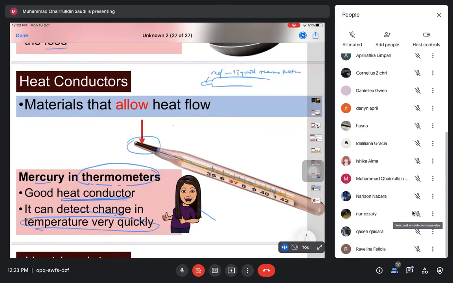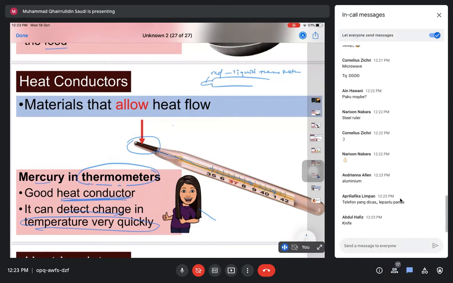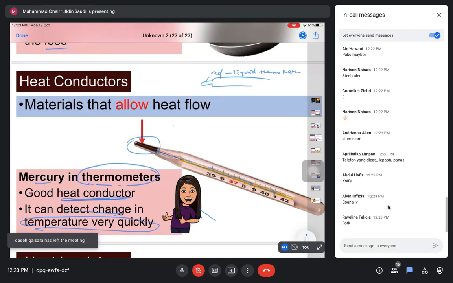Husna, Ishika, Idalia. Knife, good. Knife can also transfer heat. Spana, good. Spana can also transfer heat as long as it is made of metal. Good. Fork can also transfer heat. So everything that is usually made up from metals can transfer heat and are examples of heat conductors.